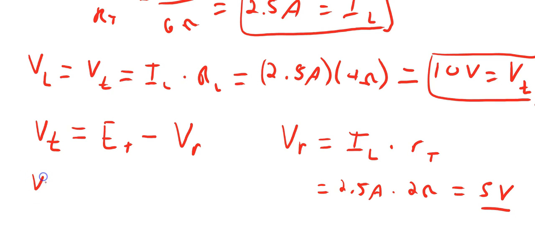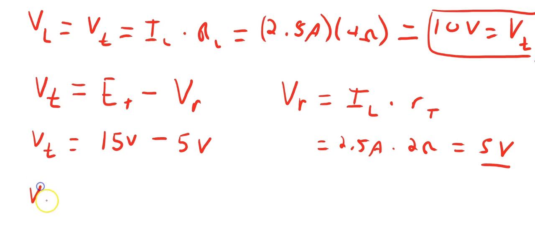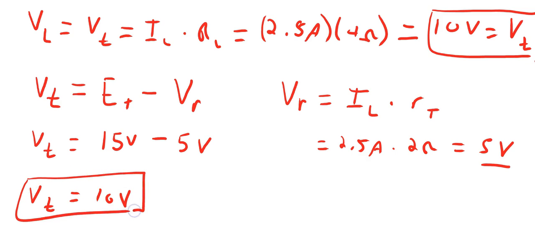And so the terminal voltage will be equal to E at 15 volts subtract the voltage drop across the internal resistance of 5 volts, and that again gives us VT is equal to 10 volts. And so 2 ways basically that we can calculate that voltage.